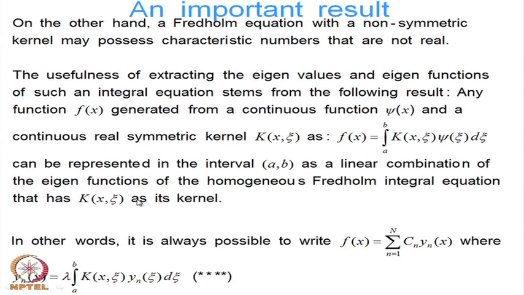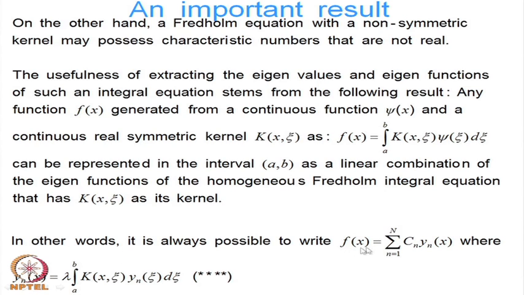You know what the homogeneous Fredholm integral equation is. With the kernel k of x, xi, we know how to find its eigenvalues and eigenfunctions. It turns out that any function f of x which I can generate by performing this integral, I can represent as a linear combination of the eigenfunctions of my homogeneous Fredholm equation, and we will see its use in a few slides.